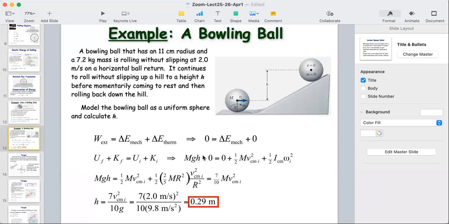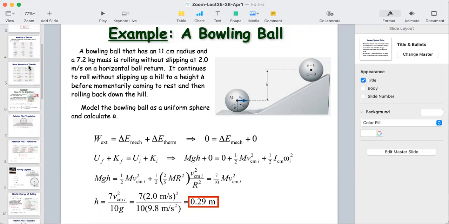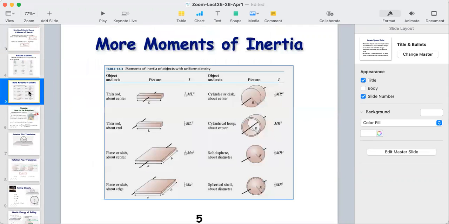So yes, it's normally a very important topic. You see most of the things you already know, like the conservation of energy. It's only the fact that now you have to consider the rotational kinetic energy and the moment of inertia, which you get from these tables.